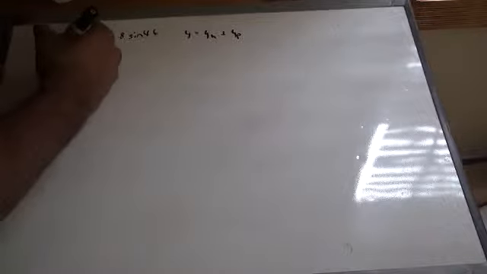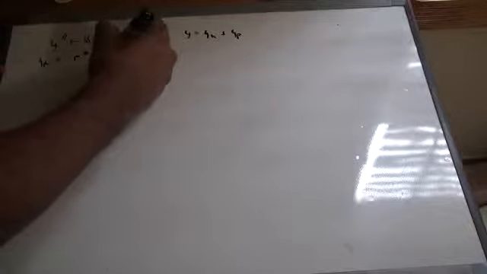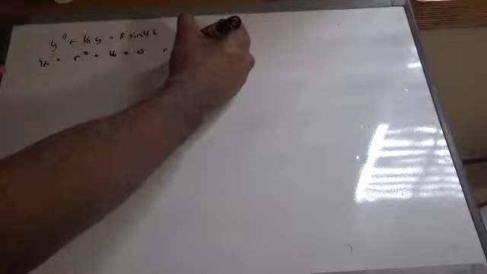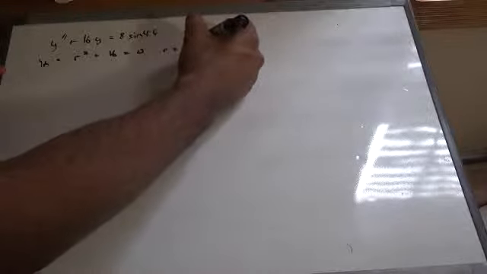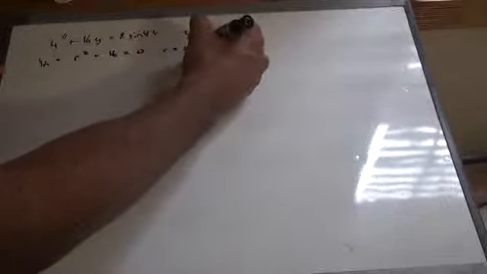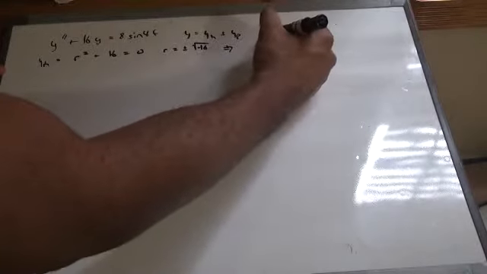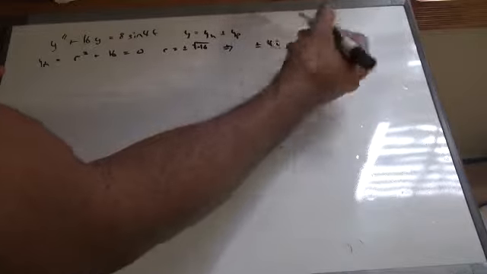The homogeneous is simply r squared plus 16 equals 0, with r equals plus or minus the square root of negative 16. So that breaks down to plus or minus 4i.